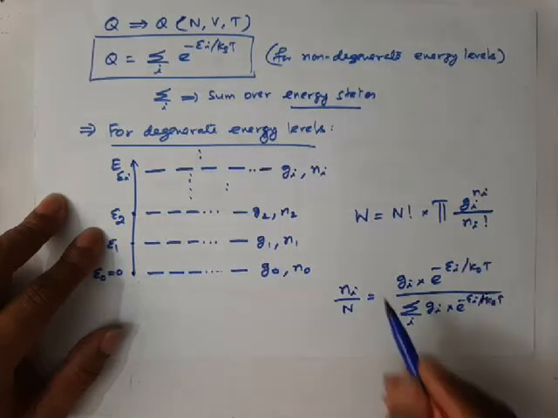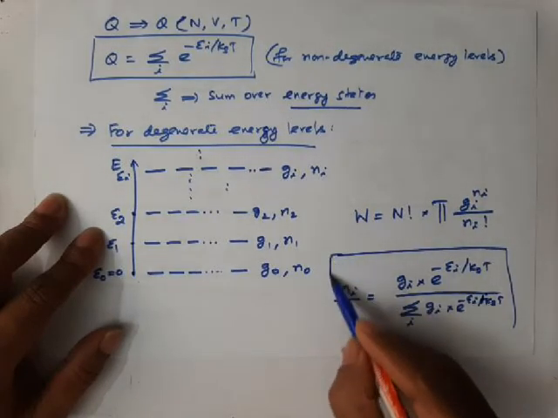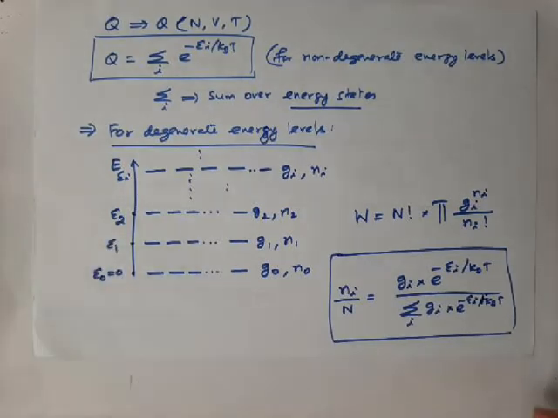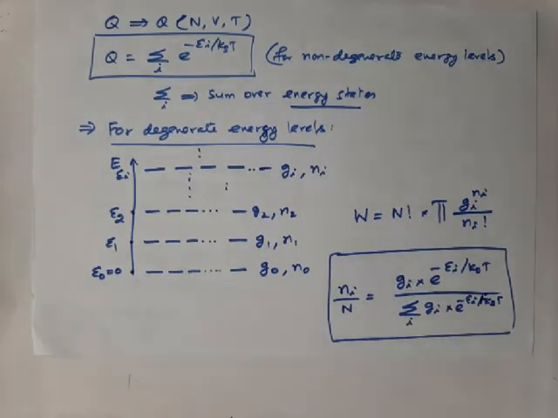This is the expression for the Maxwell-Boltzmann distribution in the case of energy levels which are degenerate. If a system contains energy levels which are degenerate, then we can use this formula, as this is the expression for the Maxwell-Boltzmann distribution.